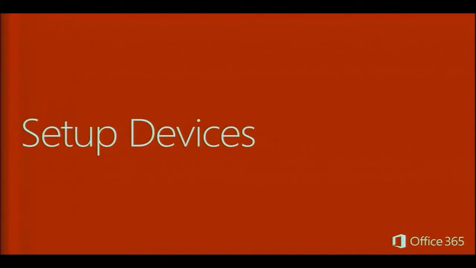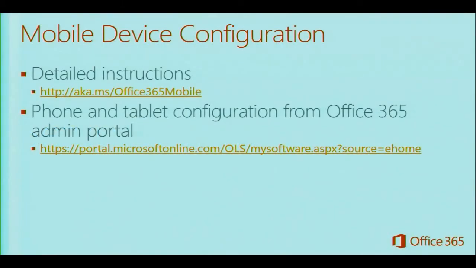All right, just a couple notes on the deployment options for mobile devices because those are so much easier. I just wanted to give you some links so that you've got instructions on how to do that. We've got detailed instructions at the top link there, and then both phone and tablet configuration instructions when you're doing it from the Office 365 admin portal at that link right there.